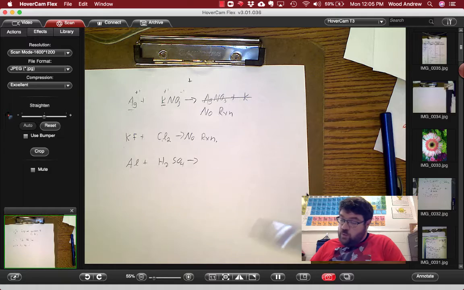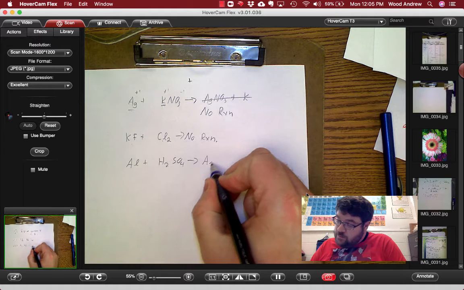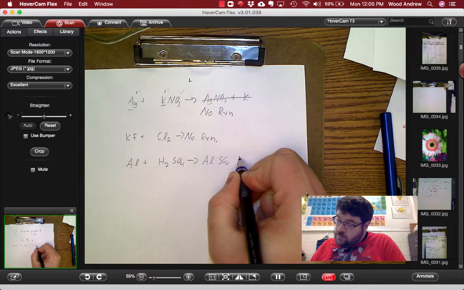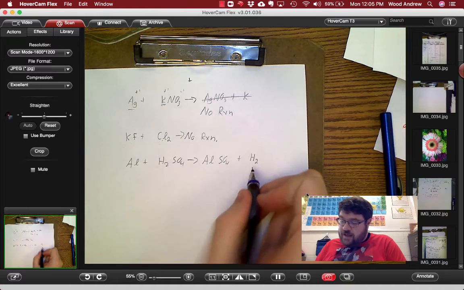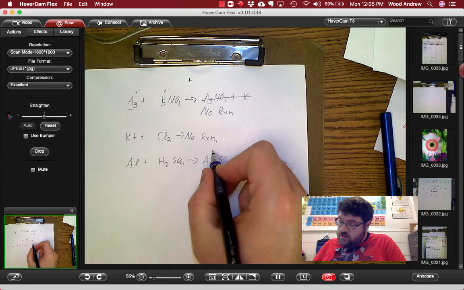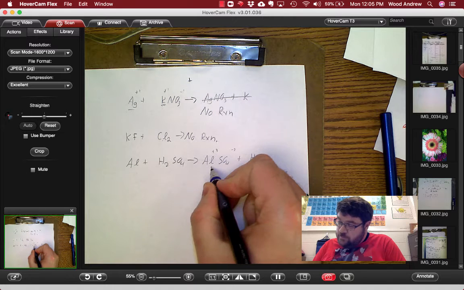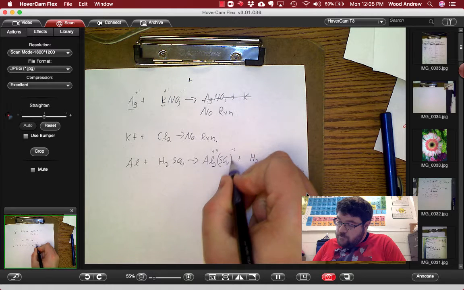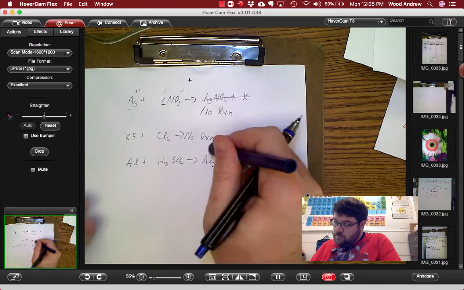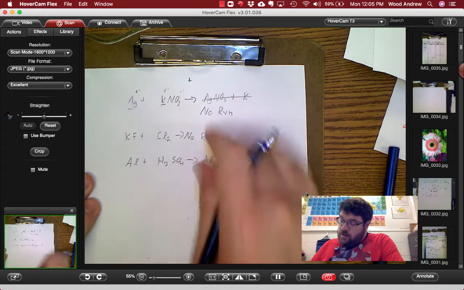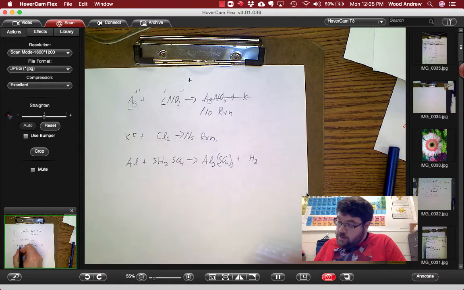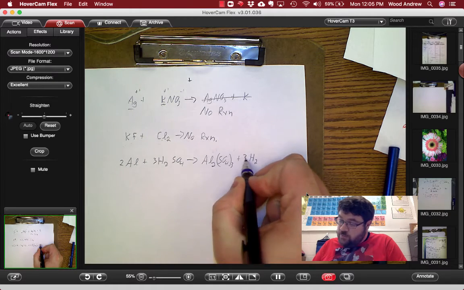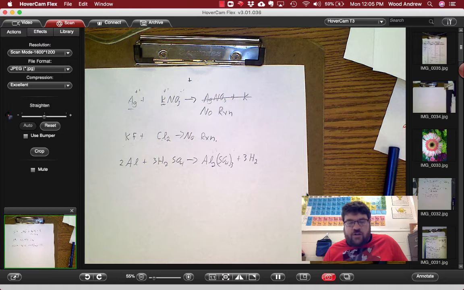So the aluminum will replace the hydrogen. Remember, hydrogen, of course, is diatomic, and crossing my charges, +3, -2. And then, of course, I could go on and balance this. So that would be a 3, that would be a 2, and that would be a 3. And there I have a balanced reaction, and this one would occur just normally.